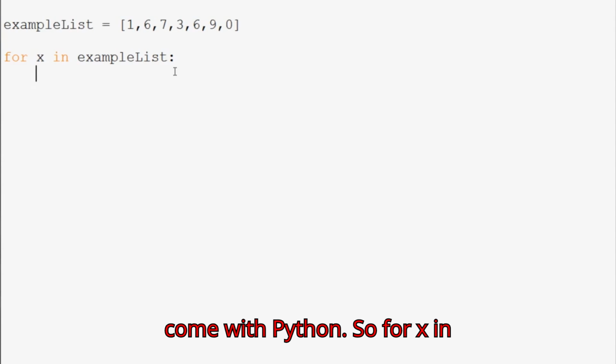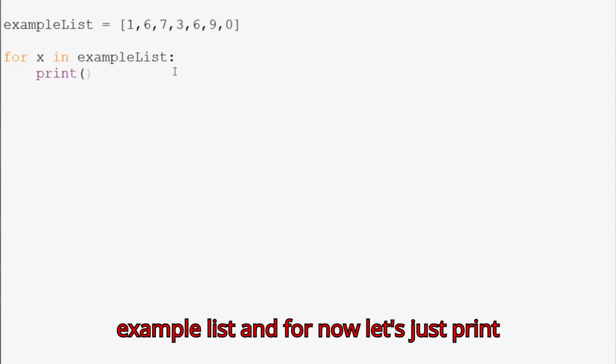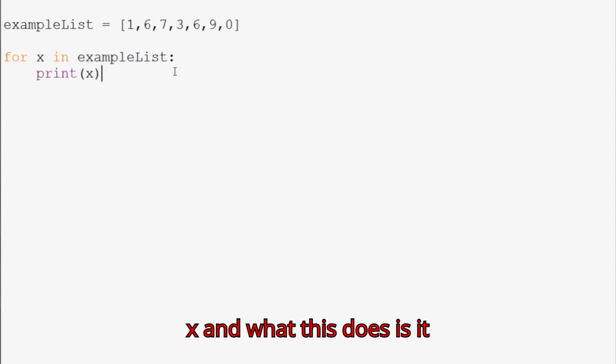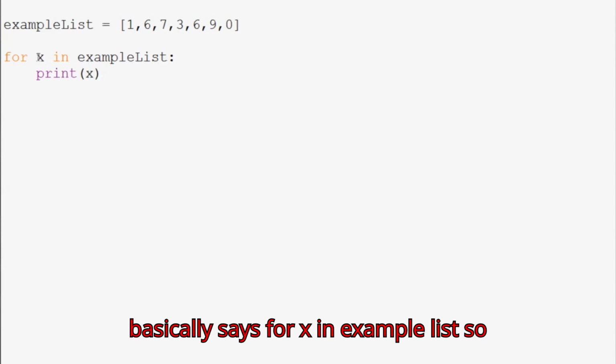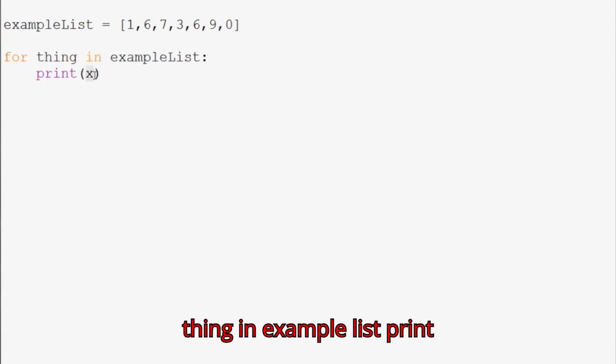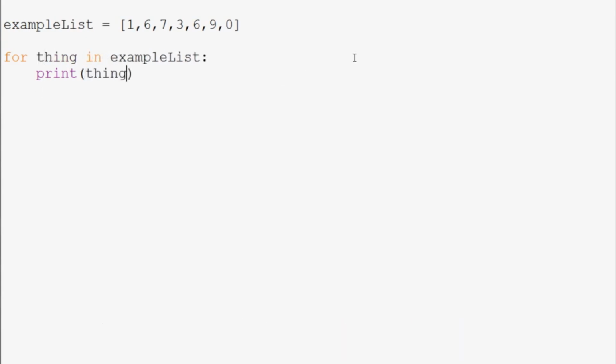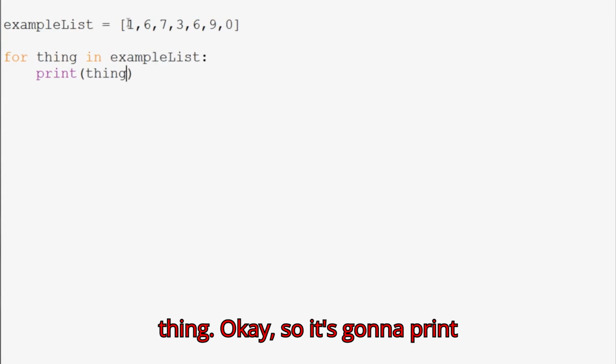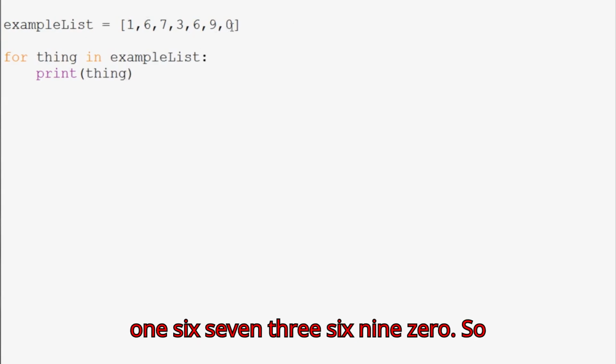So for x in example_list, and for now, let's just print x. What this basically says is for x in example_list, so maybe an easier way to think about this would be for thing in example_list, print thing. Okay, so it's going to print 1673690.